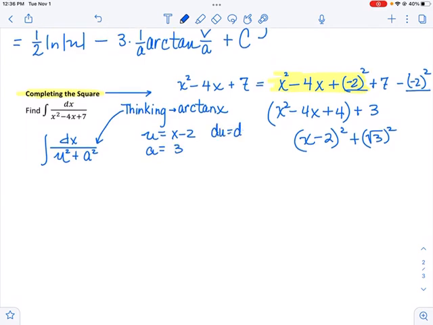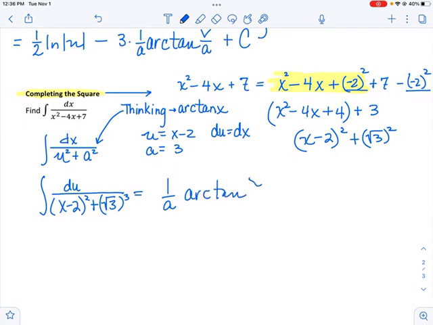So we're ready to go. Here, we have du over (x minus 2) quantity squared plus the square root of 3 squared. You could just leave it as 3, though. Okay, so this is easily handled then: 1 over a arctan of u over a plus c.